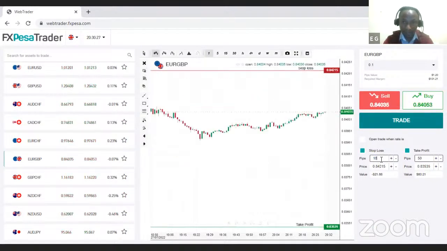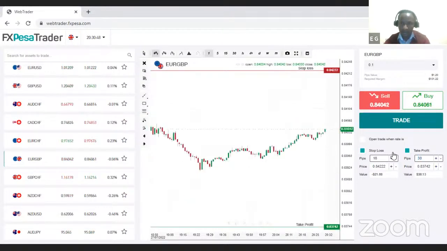You just punch in your pips there. Then you set your take profit. If the factor for the take profit is 2.5 ATR, you take 2.5 times 12, and that gives you 30 pips.